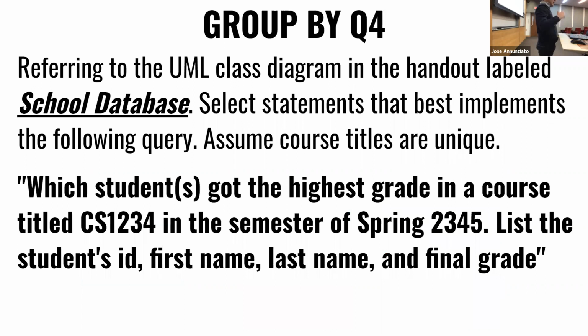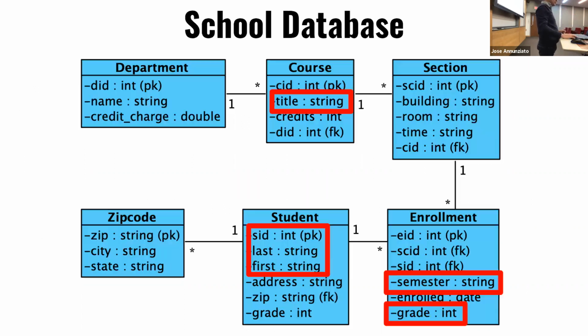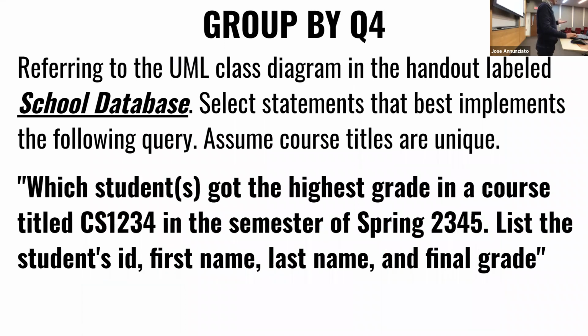The highest grade. So where are we capturing grade? Looks like the enrollment is capturing the grade. So we definitely need to grab values from the enrollments, not all of them, some that meet some criteria, and we need to calculate the highest grade. So there'll be some grouping in which we're going to do a max on the enrollment grade.